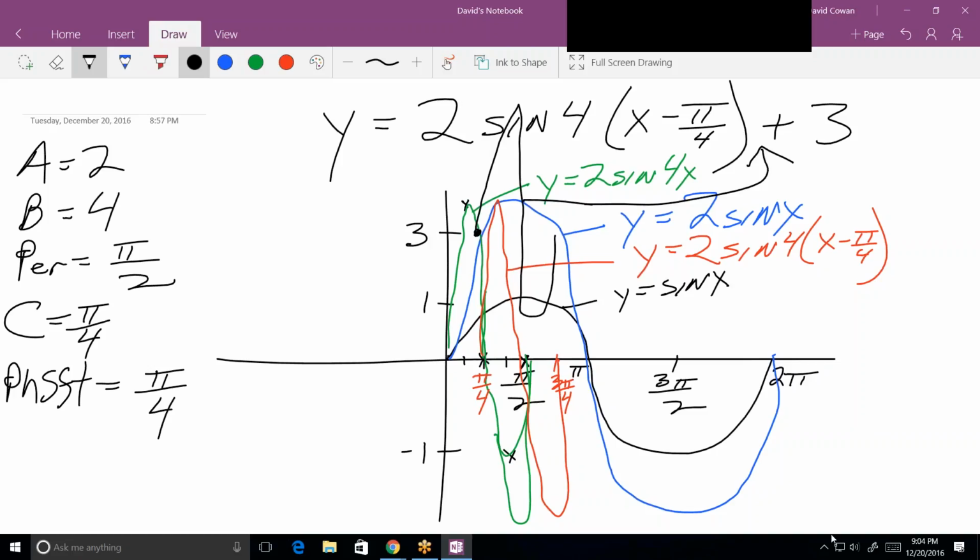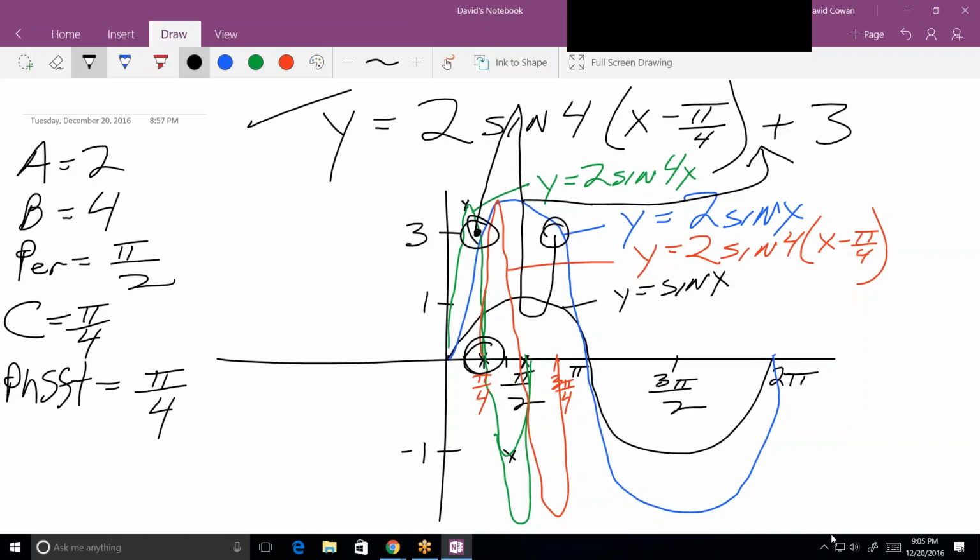But if you're doing all of them at once, I'm starting with the phase shift. In other words, I'm immediately going to pi over 4, and I'm beginning my graph right there. Next thing I'm going to do is go up 3 units and begin my graph there. And I'm going to make sure the period is pi over 2, so it's going to end there.